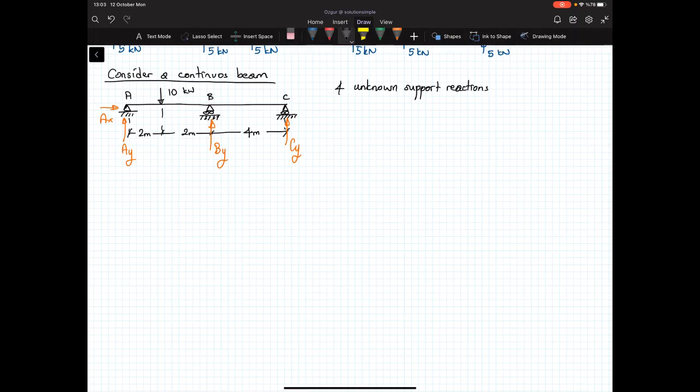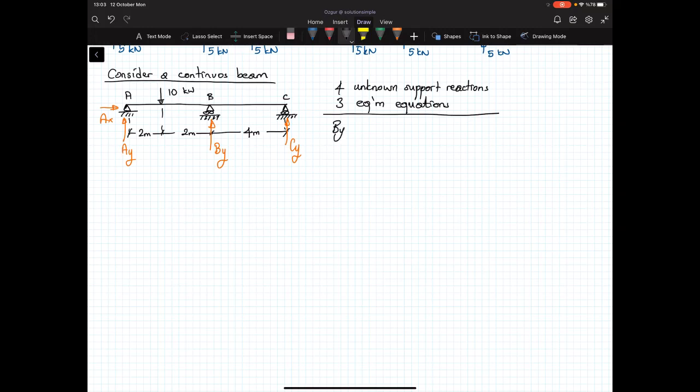But the number of equilibrium equations, they don't change because it's a 2-dimensional plane, and in a 2-dimensional plane, we only have 3 equilibrium equations. Right? So by using the 3 equilibrium equations, I cannot determine the unknown support reactions.